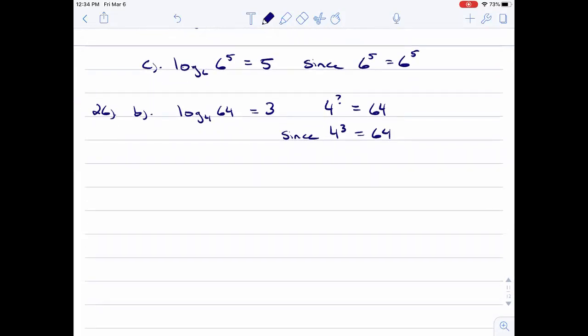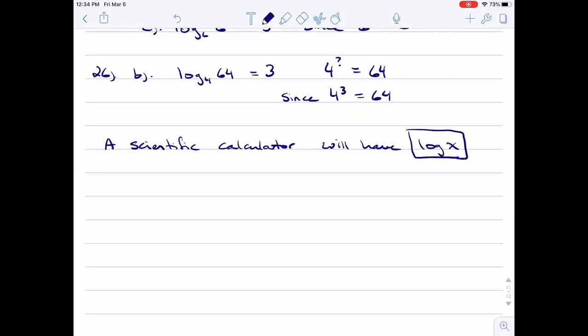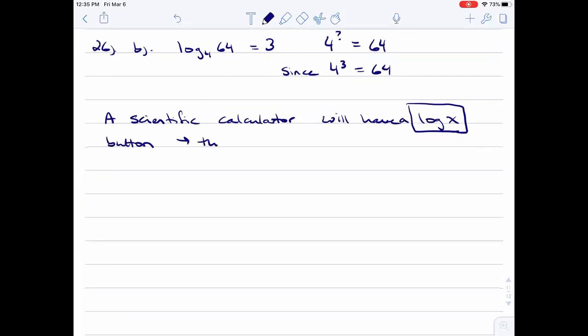A scientific calculator will have a log of x button. This is log base 10 of x, so you feed it whatever x you want.